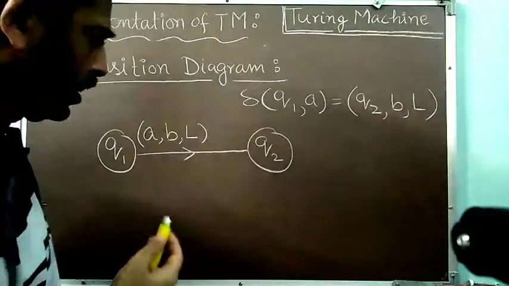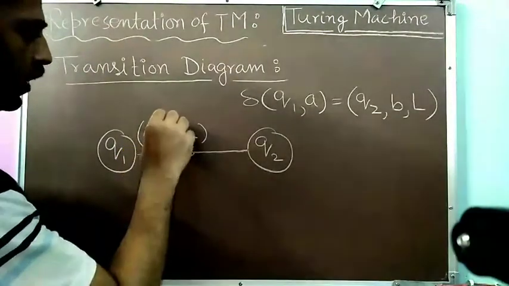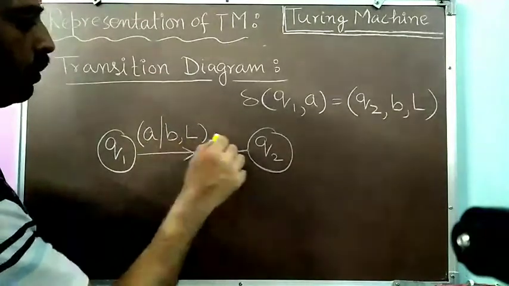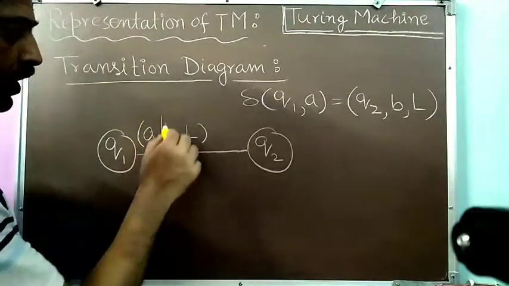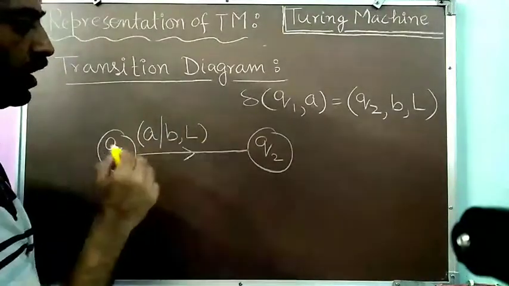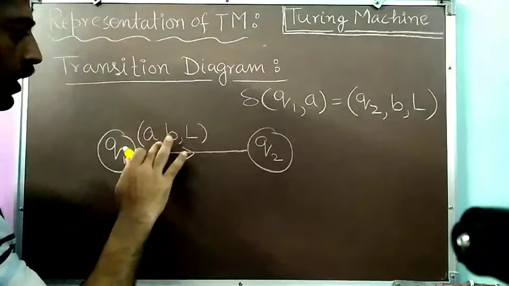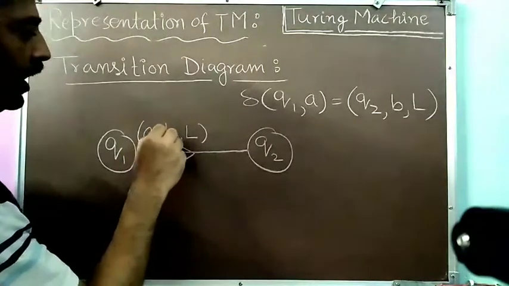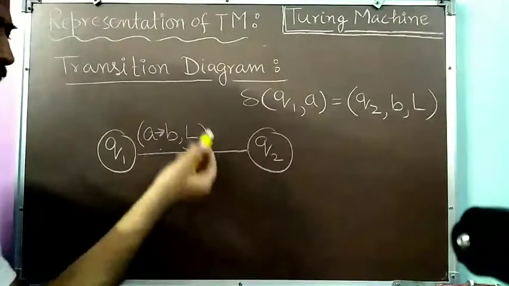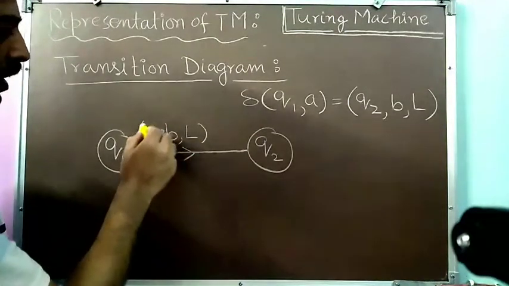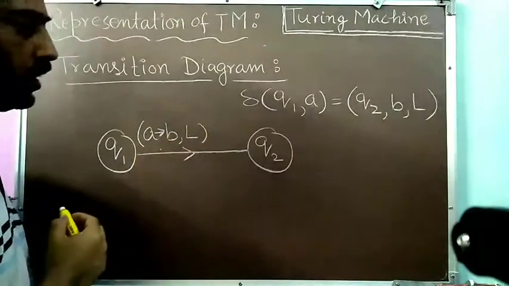In some texts, in place of the comma, you may find something like A oblique B comma L. It simply means over A there is a transition, in place of A you write B, and the read-write head movement is towards left. In some other books, you can find A arrow B comma L. This has the same meaning: in place of A we write B, and the head moves towards left.